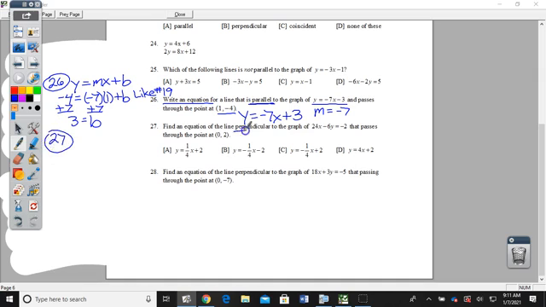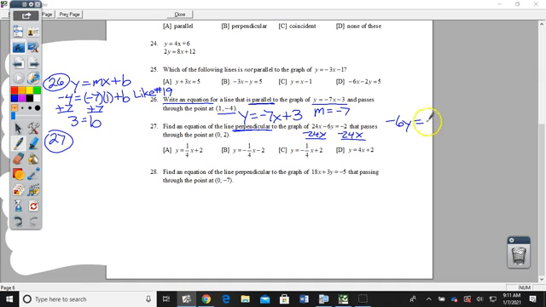27, same process, a little more work, however. This time it's what? Perpendicular. Okay, it's opposite reciprocal to this line. The problem is that line is not already solved for y, so we have to what? Solve it for y. So that's going to be -6y equals, what do I do with that 24x? You bring it over to the other side? By subtracting, correct.